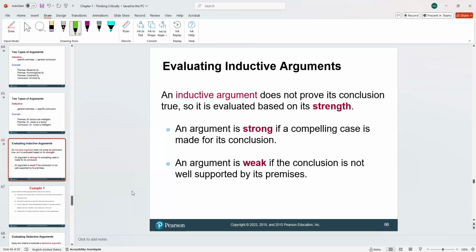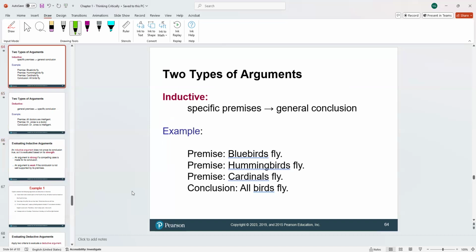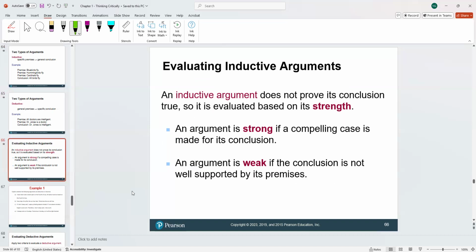So the strength of an inductive argument does not necessarily lead to the truth of its conclusions, right? Like the previous argument about inductive reasoning, which was strong enough to convince people to say, oh, all birds fly, and that was a good one, right?